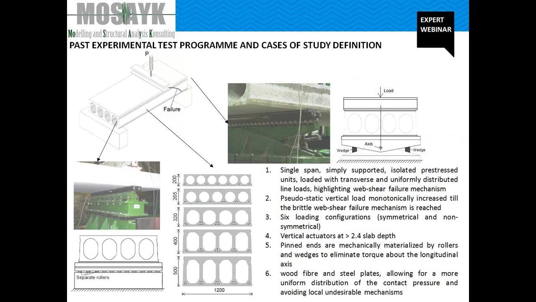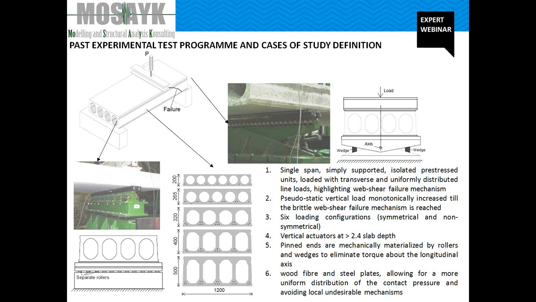Many past experimental data have been examined to obtain an experimental database of single span and simply supported isolated precast pre-stressed hollow core units loaded with, as we can see here, transverse and uniformly distributed line loads, highlighting web shear failure mechanism due to short development length and lack of shear reinforcement.